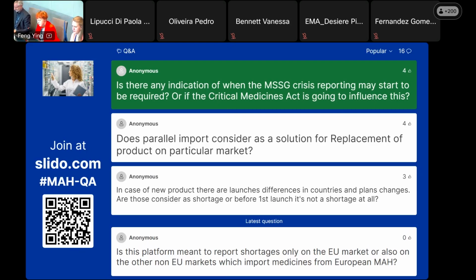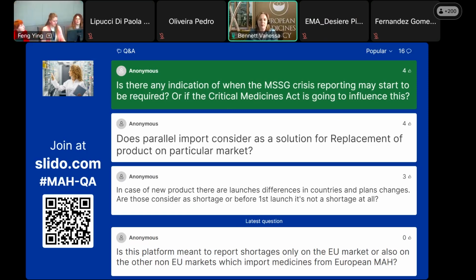In terms of the Critical Medicines Act, I do not see parallels, but maybe Vanessa can help us more with that. Thank you. Maybe just to say that the provisions in the Critical Medicines Act, as it is proposed, are rather linked to Chapter 10, Section 2 of the proposed pharmaceutical legislation, so the provisions on security of supply of medicines on the union list.